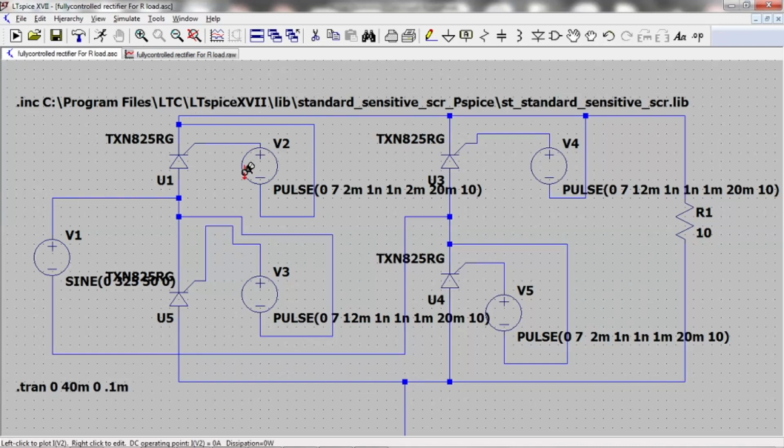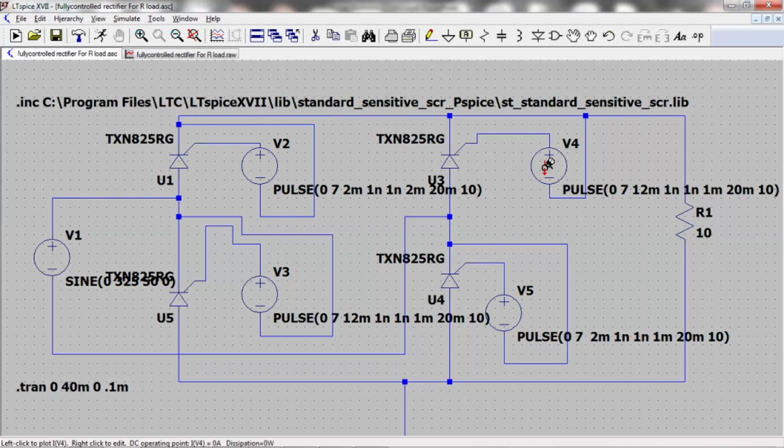Now this is the pulse generation circuitry. This pulse is changing from 0 to 7 volt. I will show you the rest of the things later, its characteristics. See here, this SCR and this SCR should turn on simultaneously. So for this SCR also we have connected one more pulse generation circuit.